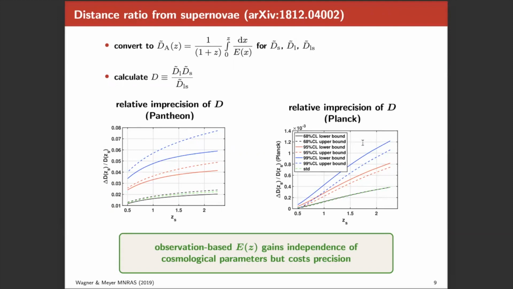And we do not want this because we want to have a model-independent H0 as good as it gets. And therefore, we can now sample E of z based on the complementary data of supernovae, and we lose precision, but we gain model independence. This is as good as it gets if we want to infer H0 from strong gravitational lensing, also using complementary data by kinematics and also complementary data for the line of sight like supernovae.